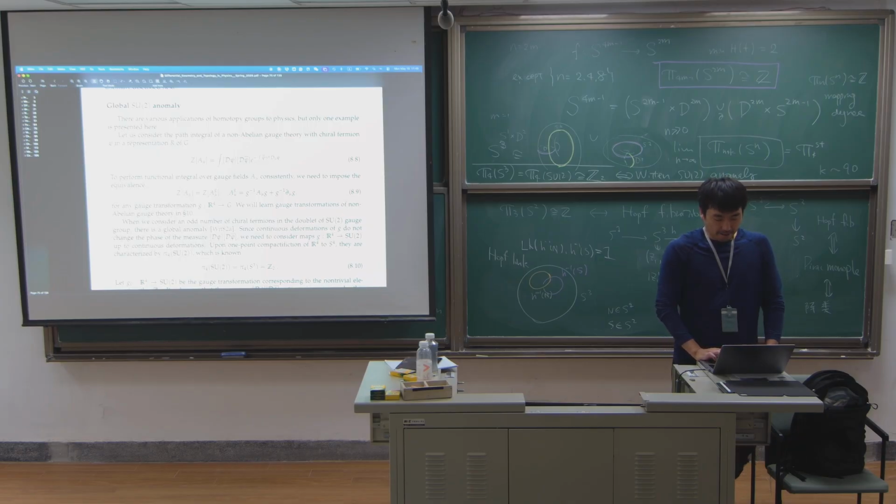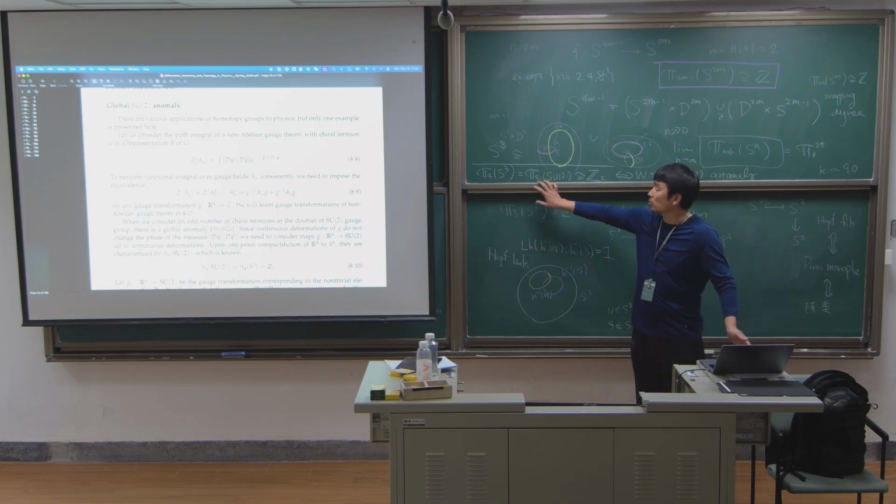And in fact, this measure, the path integral measure psi and psi bar, gets a phase when you do this gauge transformation G. And in fact, this G is just a map from this space-time R4 to the SU2 gauge group, which is an element of pi 4 of SU2.